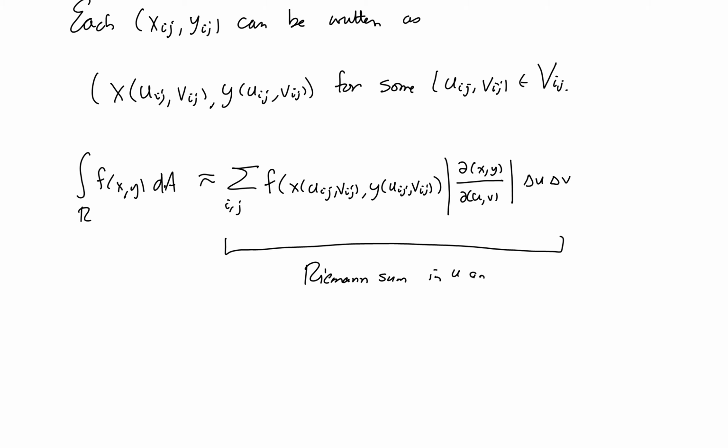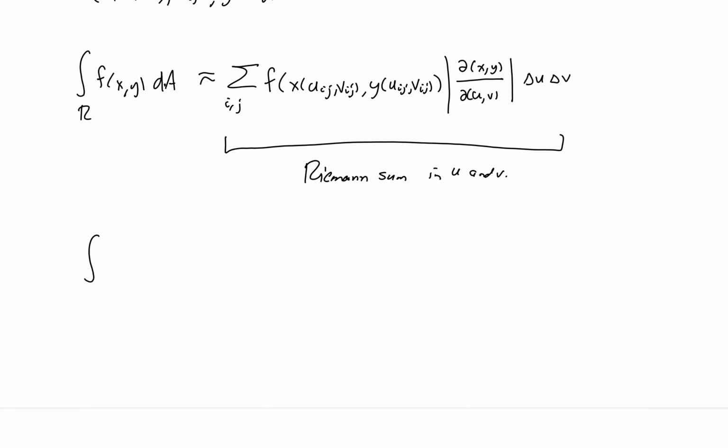So this is a Riemann sum in u and v. So then if I take the limit of this integral that we started off in the xy plane, and let's take the limit as delta u goes to 0 and delta v goes to 0 of this sum, which I'm going to write all out again.